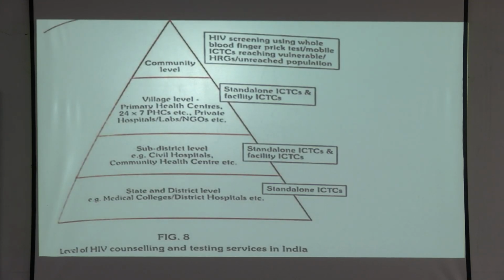Okay. This is an organogram. In the state and district level, we have standalone ICTCs. In sub-district, that is civil hospital and community health center, there are standalone ICTCs and facility ICTCs depending upon the population. And this population is not the general population, but depends upon the presence of HRG pockets and risk behavior people.